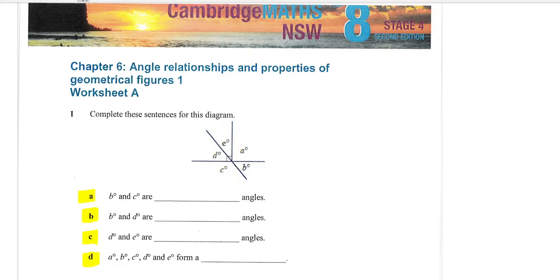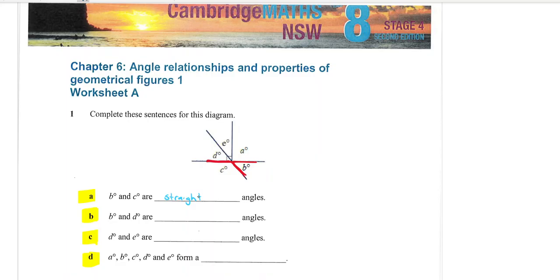So going through question 1, B and C are something angles. So B is here, and C, this one next to it. What do you think the missing word is? What kind of angle are they making? 180 degrees, which we would call a straight angle, which would probably be the one I would expect you to put in there.